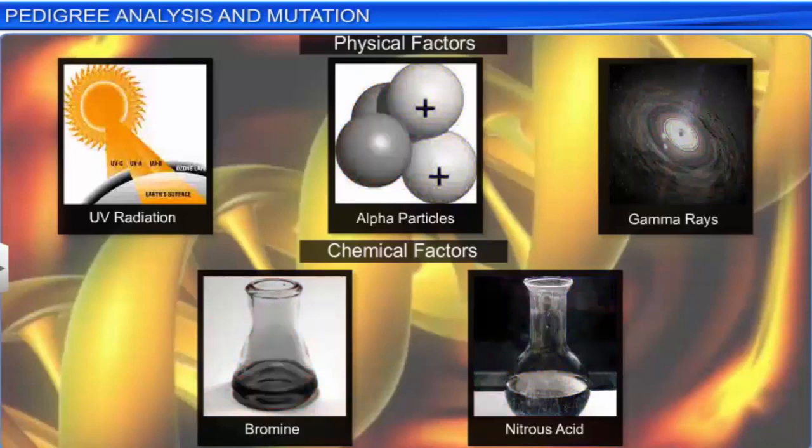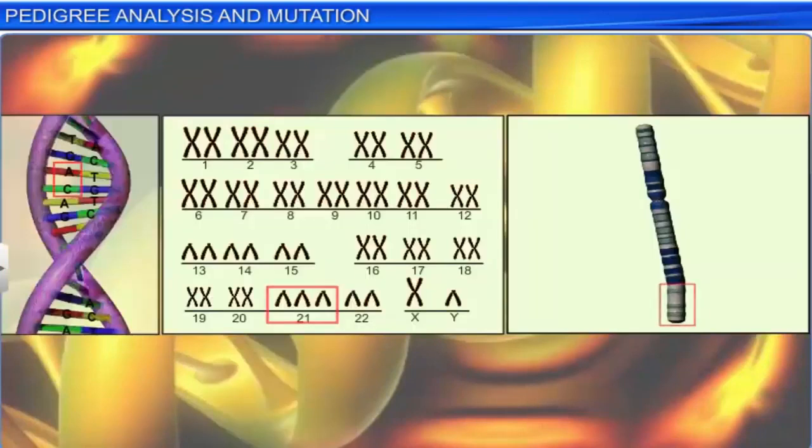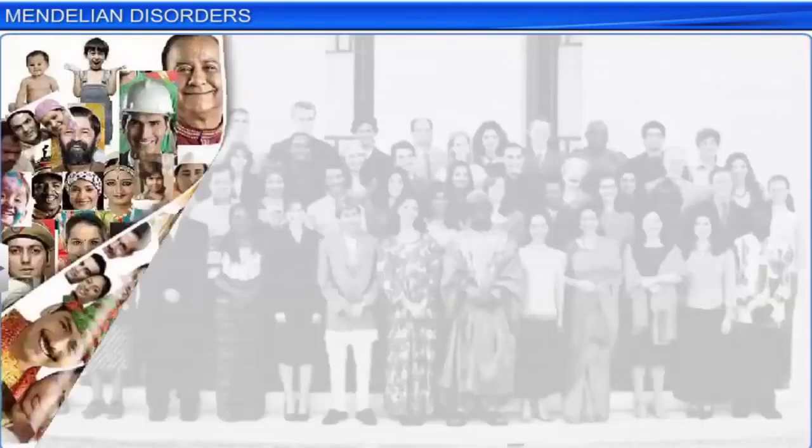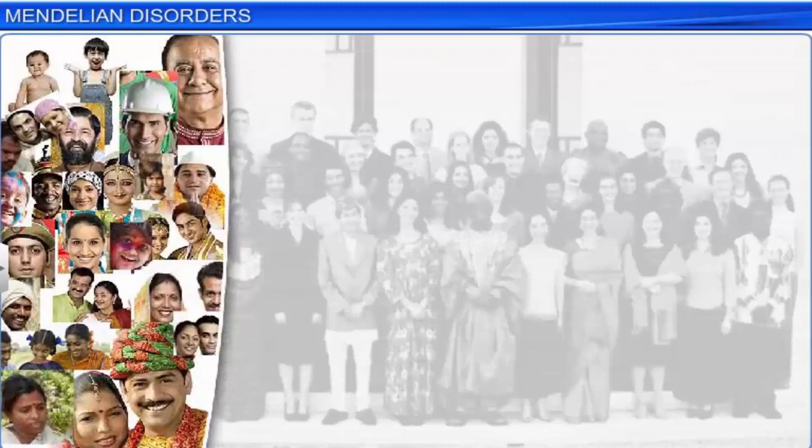UV radiation, gamma rays, alpha particles, bromine and nitrous acid are some mutagens that cause changes in the genetic structure. Therefore, mutations in genes and chromosomes lead to several disorders, and the inheritance pattern of these disorders can be studied through pedigree analysis. All of us are carriers of potentially hazardous genes.